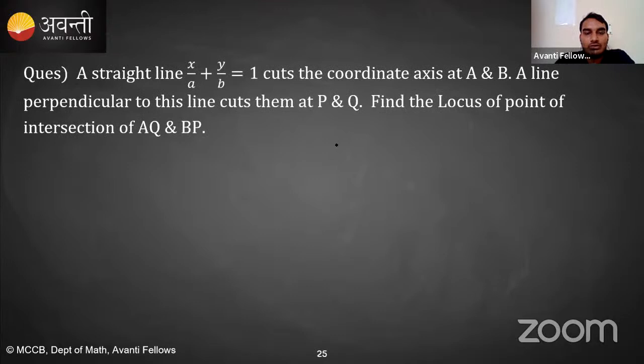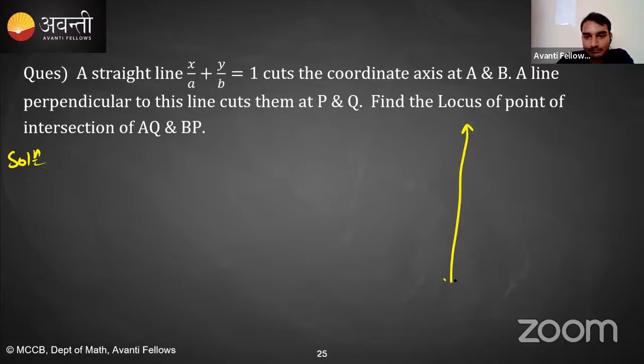Okay, so now one more question on this. The question is saying that a straight line x by a plus y by b equal to 1 cuts the coordinate axes at A and B. What is the question saying?